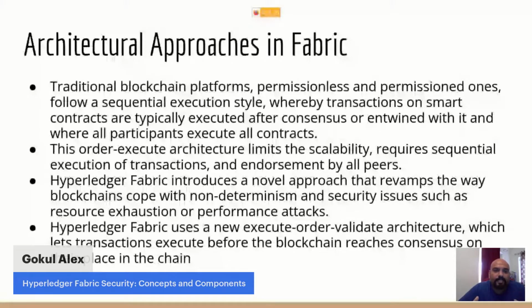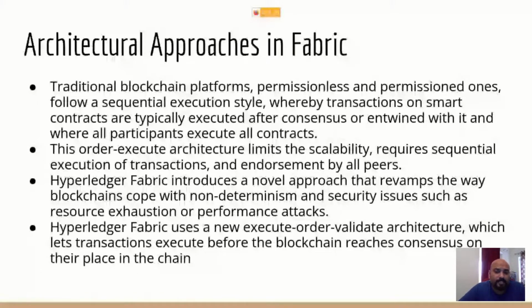The transactions are executed in order, where all the participants execute the contracts. So it's like an order-execute architecture. From the Fabric point of view, Fabric has achieved transactions per second between 3,000 and 20,000, right? This kind of order-execute architecture limits the scalability, and hence the sequential model has its own challenges. That's why here the model is different.